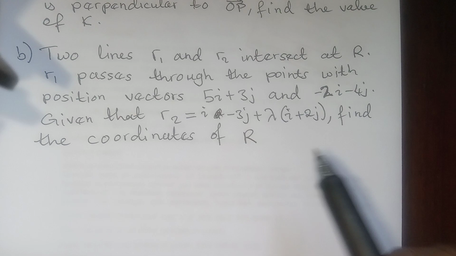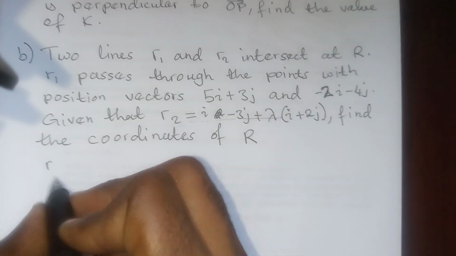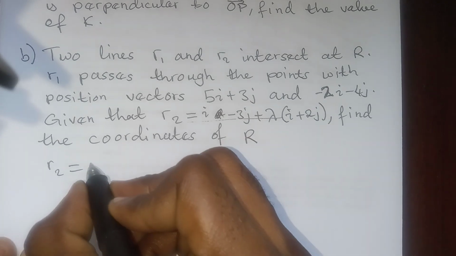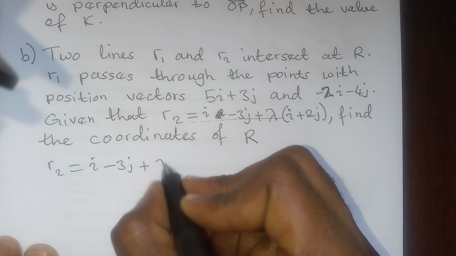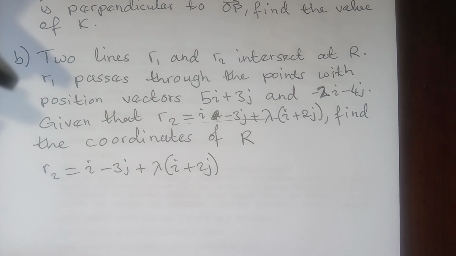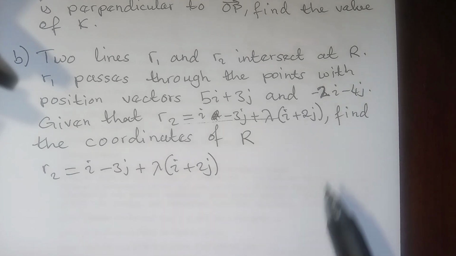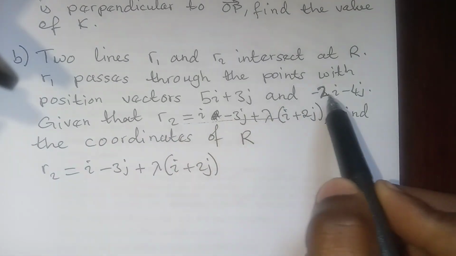So in this case, R2 is given: i - 3j plus lambda(i + 2j).